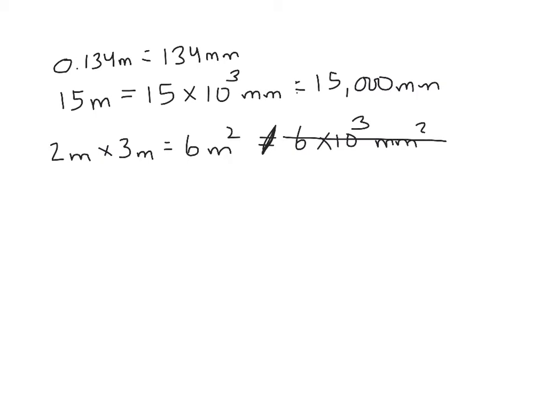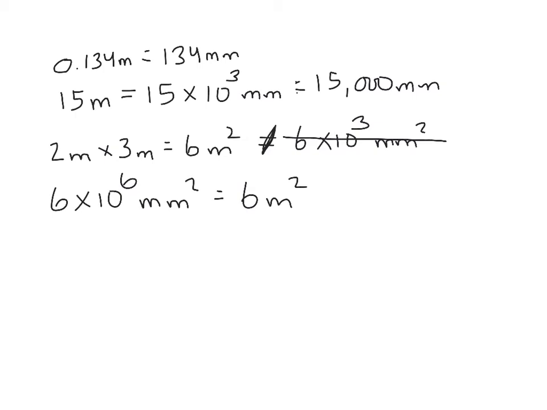We are using squared units now instead of just linear units. So what you effectively need to do is add times 10 to the third twice. And adding times 10 to the third twice is just 10 to the 6th. So 6 times 10 to the 6th millimeters squared is the equivalent to 6 meters squared.